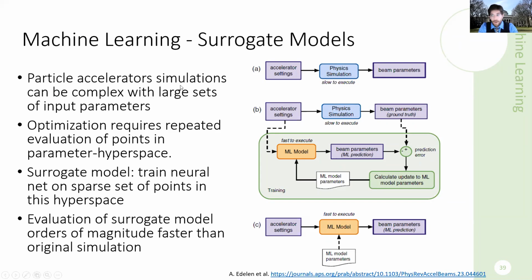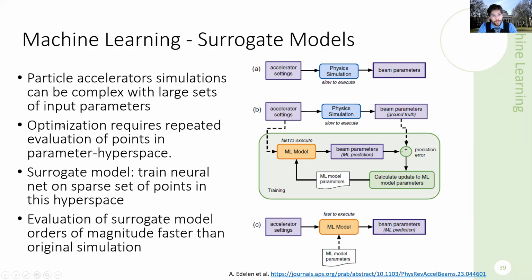So in a surrogate model... typically, the particle accelerator simulations that we need to do in order to design our machines are quite complex, and they are very slow to execute. This plot I took from this paper here, where also the ISODAR example is located.